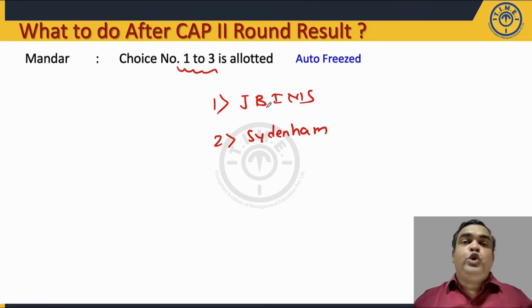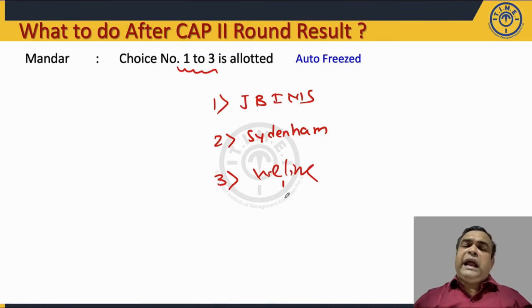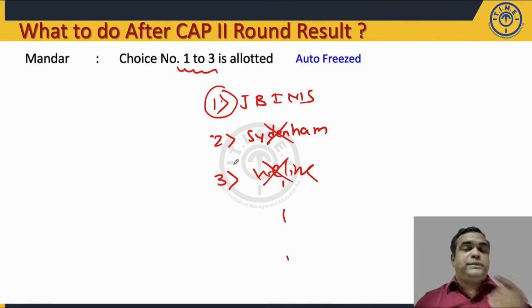Then in cap round 2, you should fill the options as 1 and 2 only. Somebody says, okay, JBIMS, T.I.M.E, Wellinger, and anything below is okay. Then you can fill 3 or more choices. But if you are not interested in Wellinger, then you should fill only 1 and 2. If you're not interested in T.I.M.E also, then you should fill only 1, JBIMS.